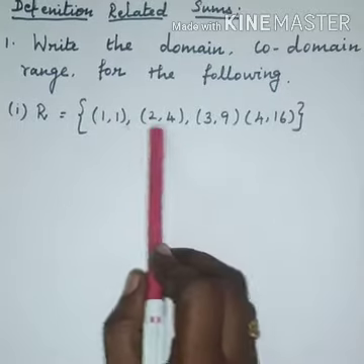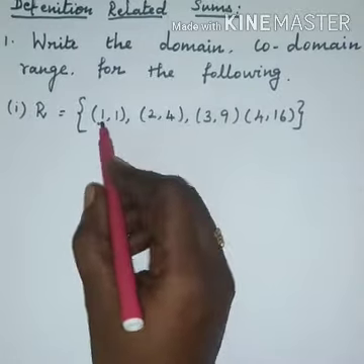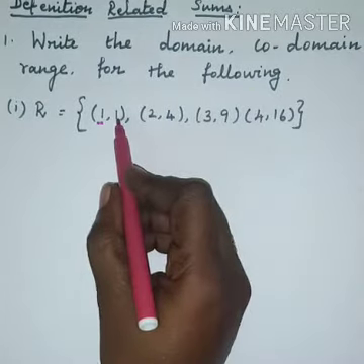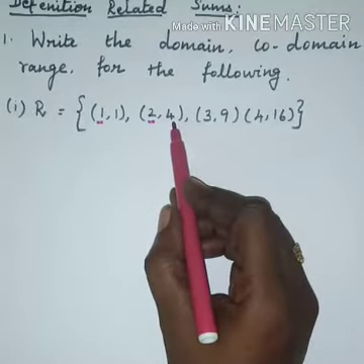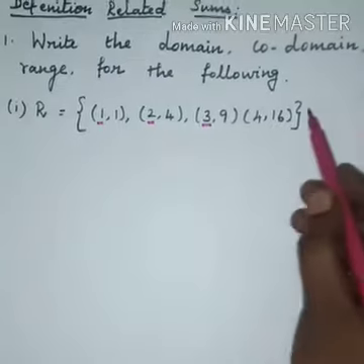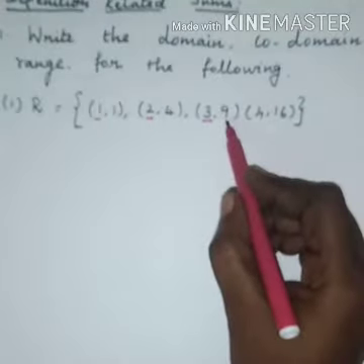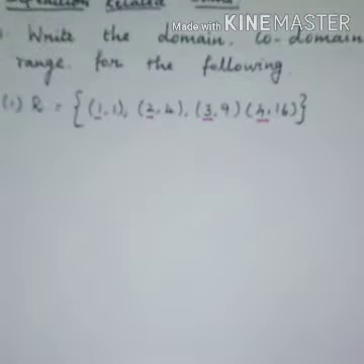In the first ordered pair, the first element is 1 and the second element is also 1. Here, the first element is 2 and the second element is 4. Here, the first element is 3 and the second element is 9. Here the first element is 4, the second element is 16.